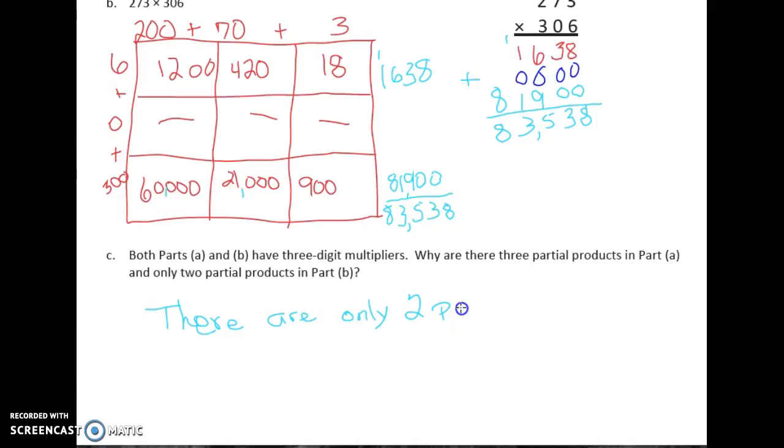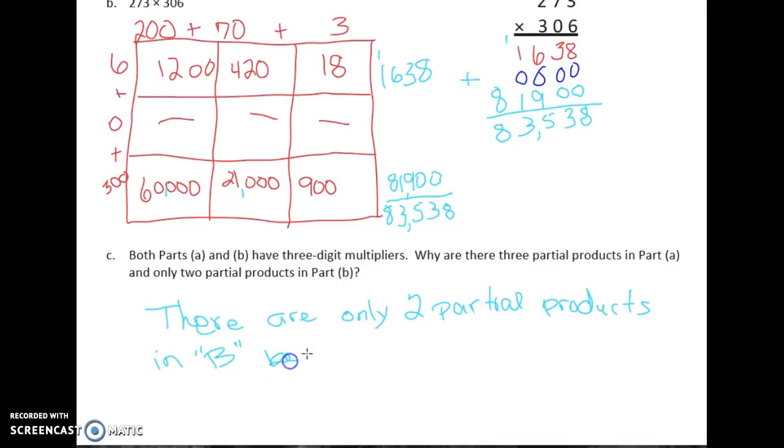2 partial products in part B. I'm going to make little quotation marks around it.